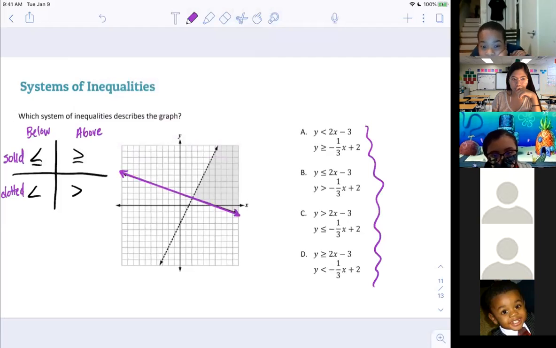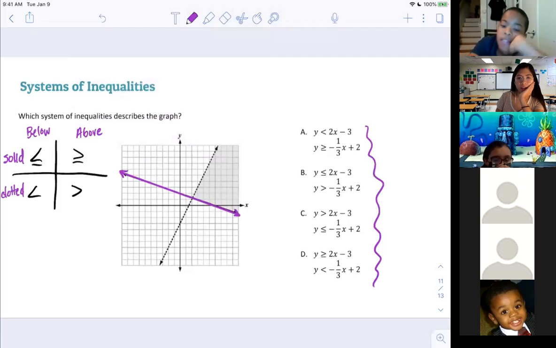A, B, C, or D. They all look the same. They are the same. What's the only difference between all the answer choices? The symbol. So since the symbol is the only difference, all I need to identify is which one has the correct symbol. It's A.